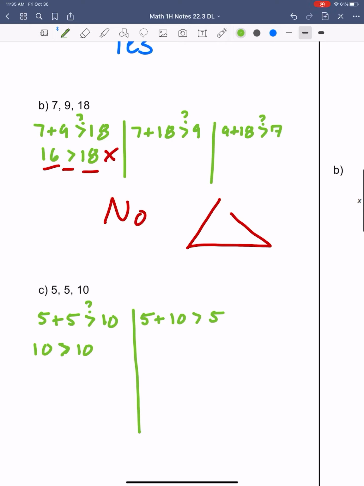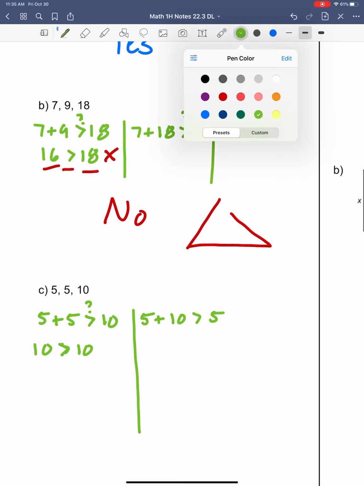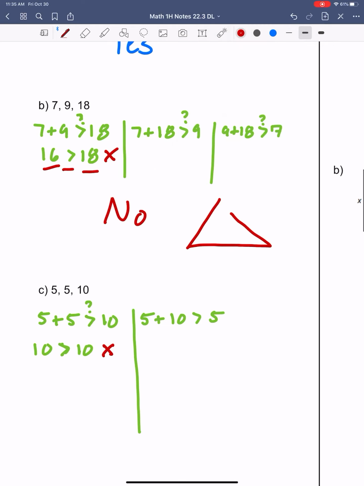We have to ask ourselves, is 10 greater than 10? It's not greater than or equal to, it's just greater than. In this case, it's not, because it's equal to. So this is a no. It has to actually be bigger than 10. So this does not work, and once again, this would not be able to create a triangle. We'd come up just short if we were drawing our triangle here. It has to be greater than, it can't just be equal to it.